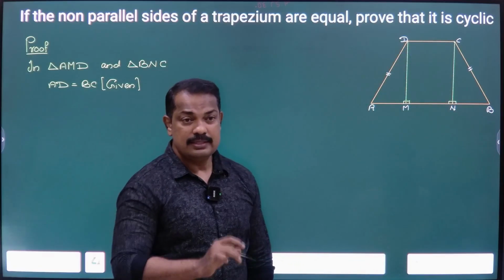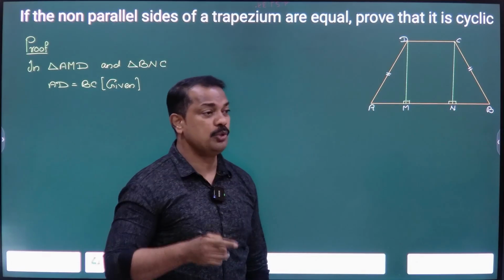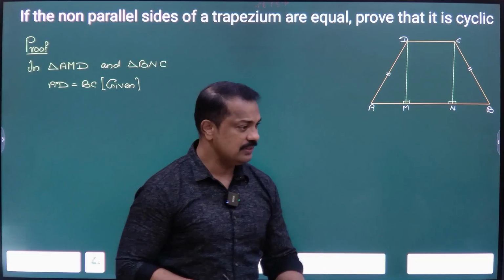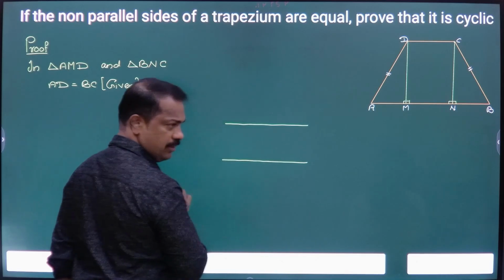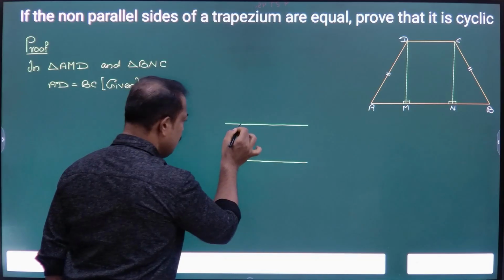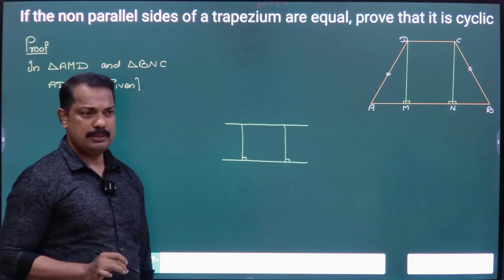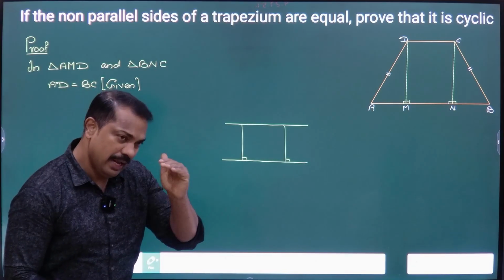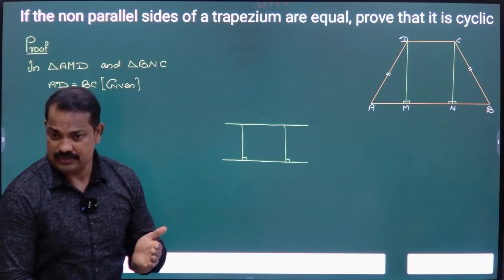Reason: the perpendicular distance between two parallel lines is always equal. Means if two lines are parallel, the distance between them is equal. This distance and this perpendicular distance will be equal. The perpendicular distance between two parallel lines is always equal.